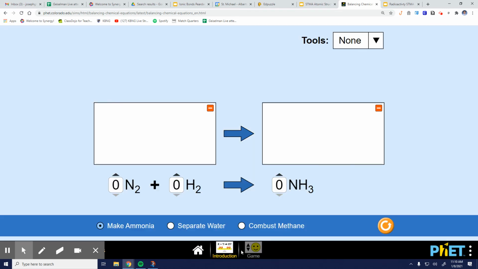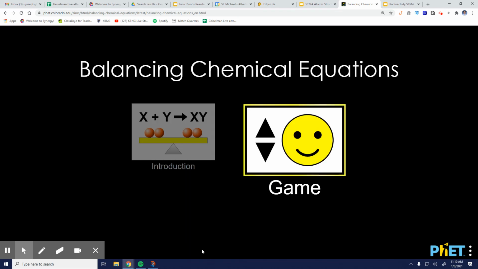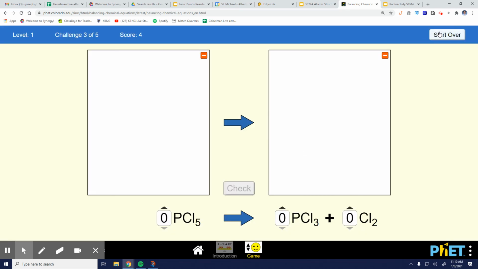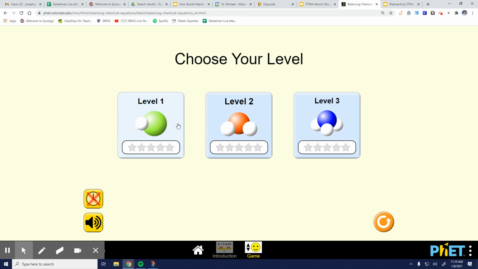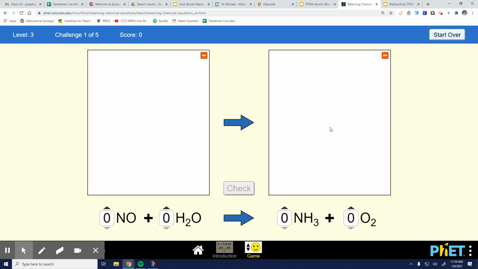It doesn't look like I can get back to that. I want to get 5 stars on each level. Now, each level gets a little bit harder, but you can still use that same method of counting atoms on each side.